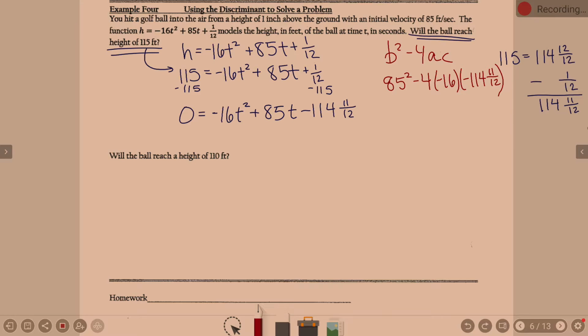I'm guessing at this point you either did it yourself or you're identifying your ABCs and just using them. I don't care which way you guys go. Here we go, A, B, C. There are my ABCs. Okay, perfect. Now you guys can do 85 squared.